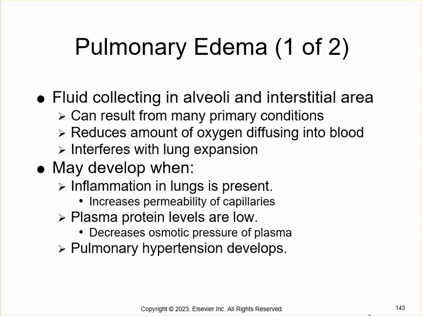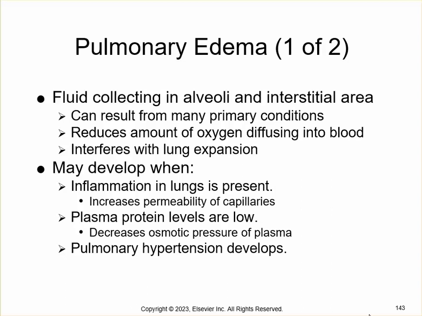Osmotic pressure brings it back. If there are low levels of albumin, then that doesn't happen efficiently, and you end up with edema kind of everywhere. This could be an issue of the liver, because the liver is where albumin is made, things like that.